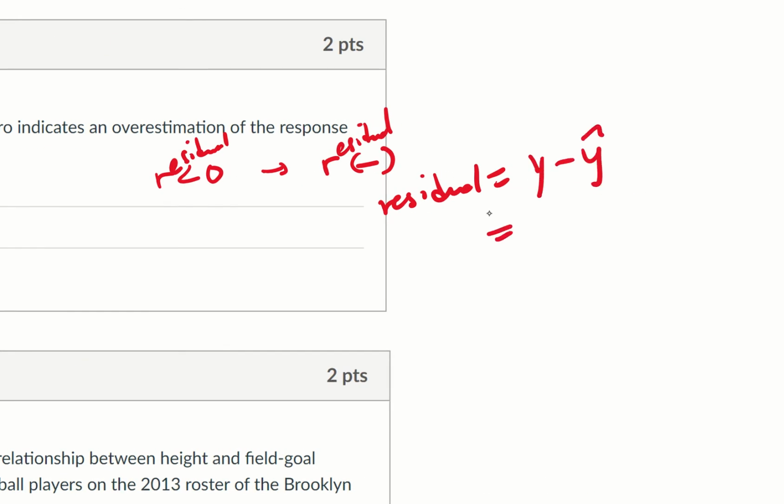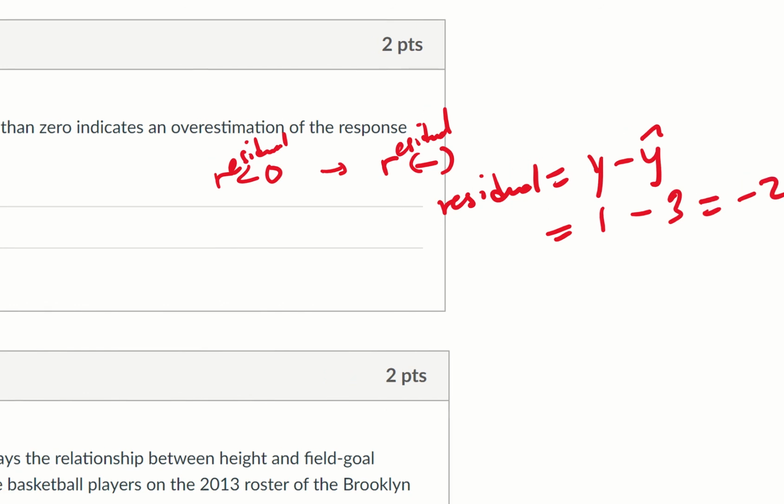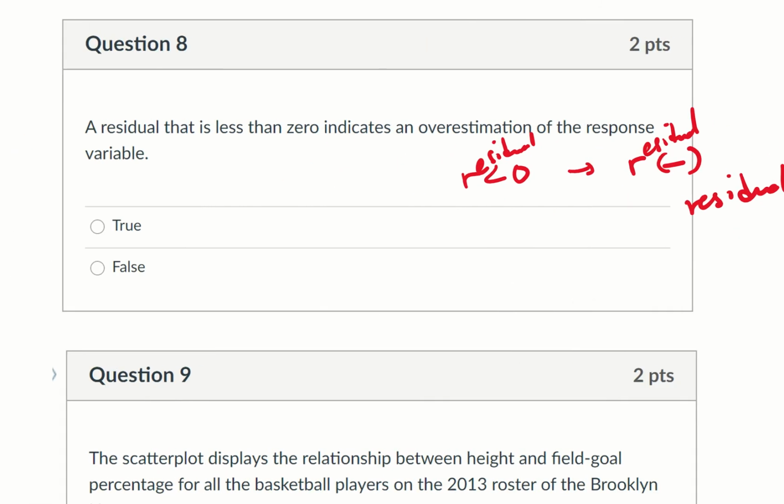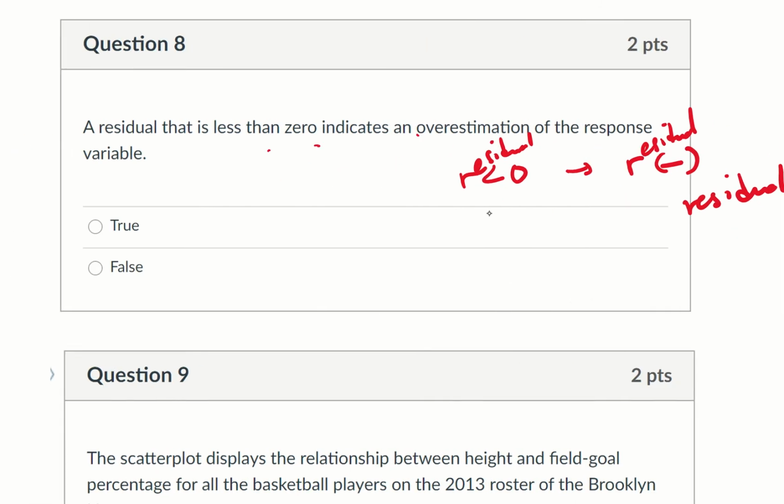And so if the actual value was 1, but you predicted it to be 3, that would be negative. So that means we would overestimate in this case. So yes, if the residual is less than 0, that indicates an overestimation of the response variable. That's true.